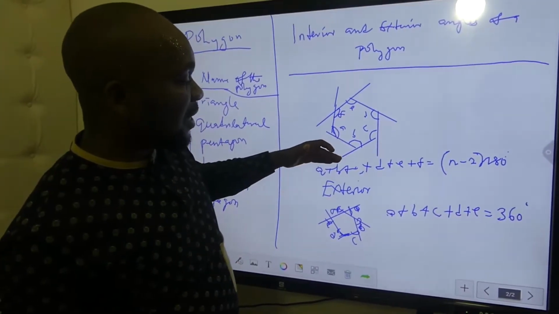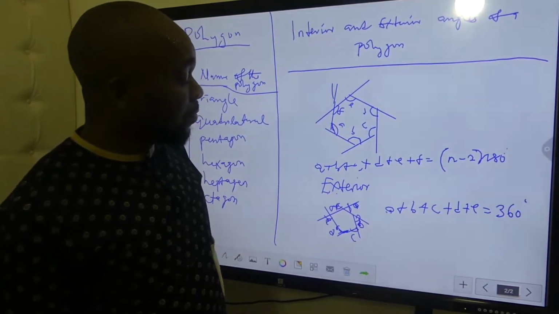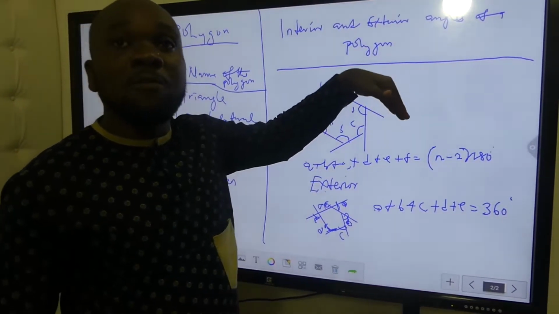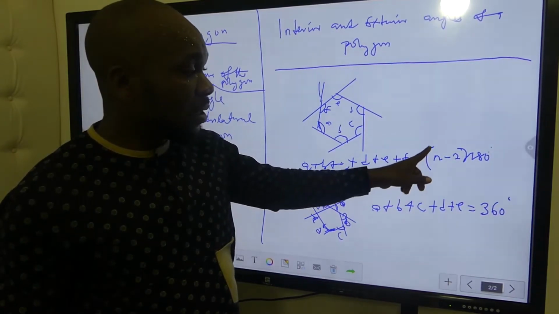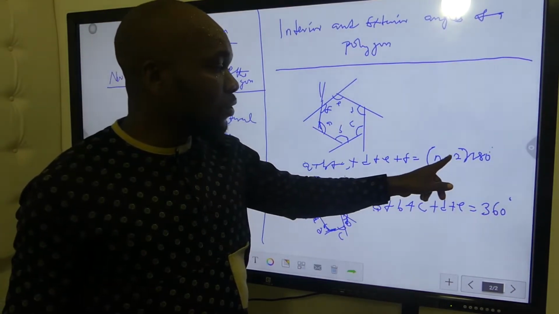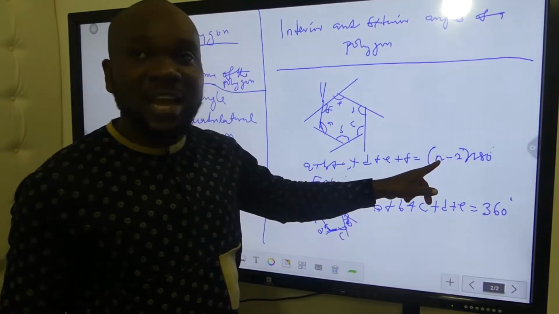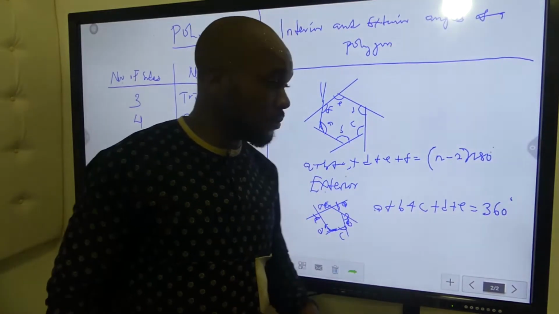This is for the interior, this is for the exterior. Whenever they give you interior angles of a polygon, it is equated to (n minus 2) times 180 degrees. What is n? n means the number of sides of that polygon.